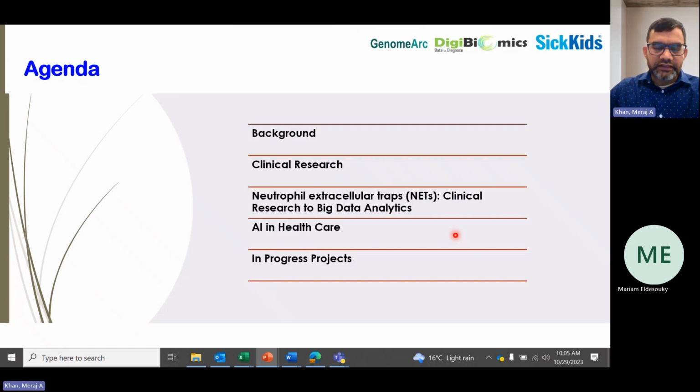I'll go through the background and touch on what clinical research we have done, what we found, and what we are doing, and where we pivot from clinical research to big data analytics so that we can do some translational research. I will be shifting towards data analytics and AI. Whenever we say big data analytics, there is a need for AI, artificial intelligence, and I will cover that part. I will end my talk after sharing some projects which are in progress.